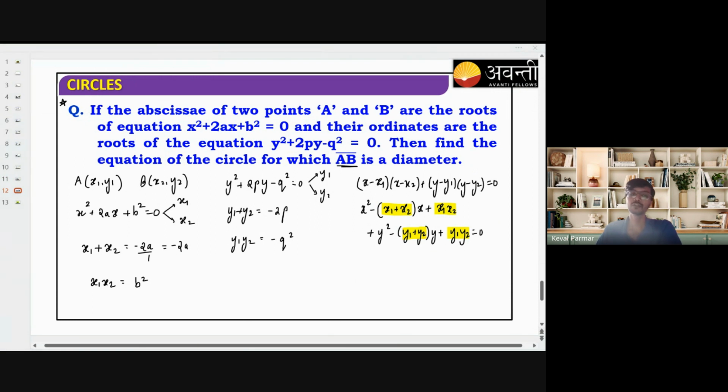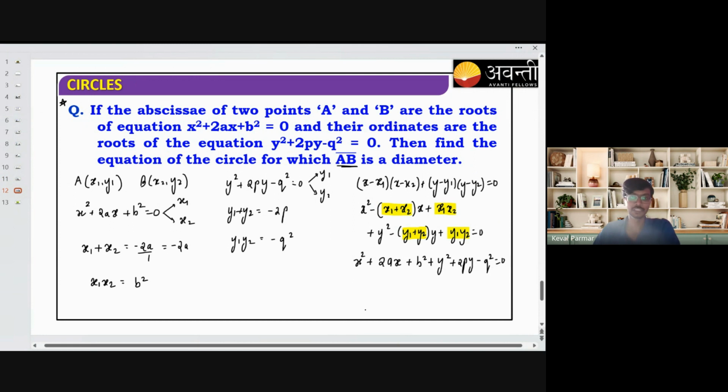So if we substitute all of these values in this equation, we'll get our equation of circle. We can write x square plus 2ax plus b square plus y square plus 2py minus q square equals 0.